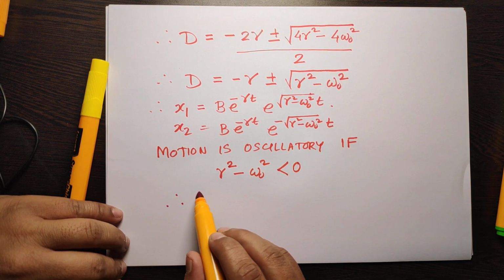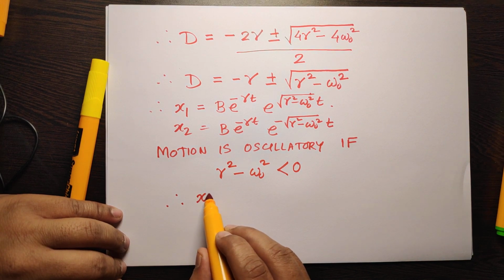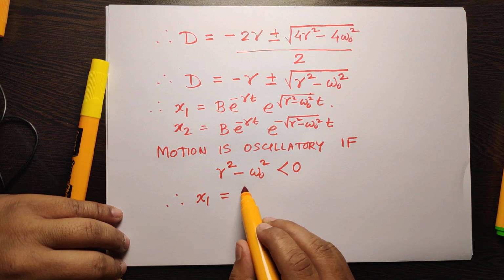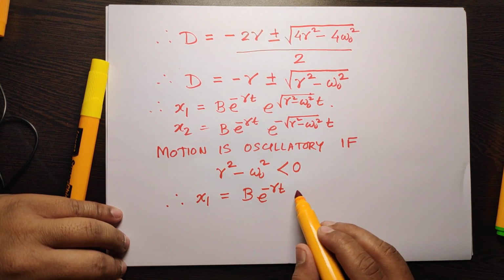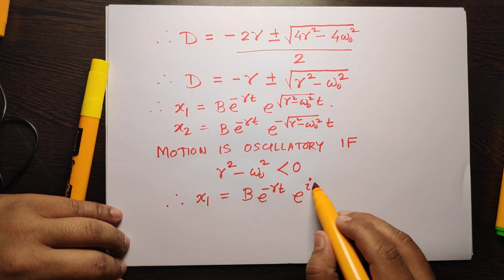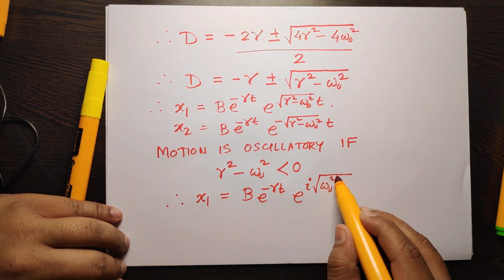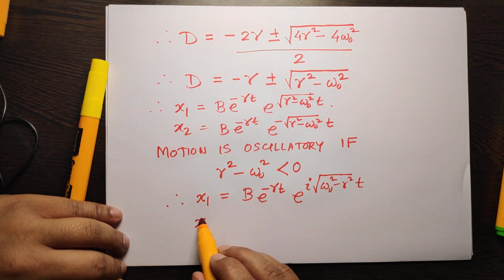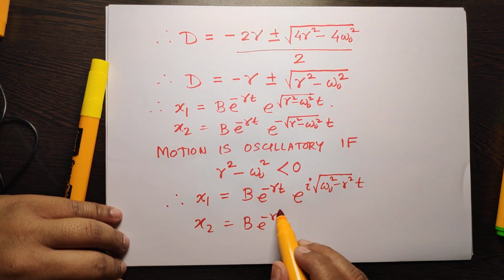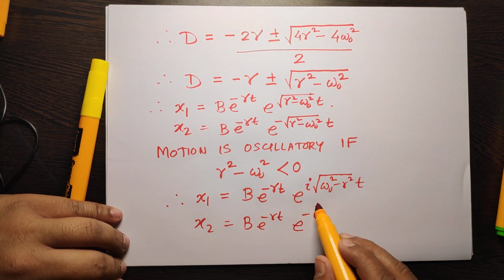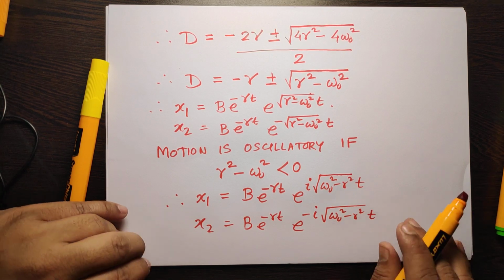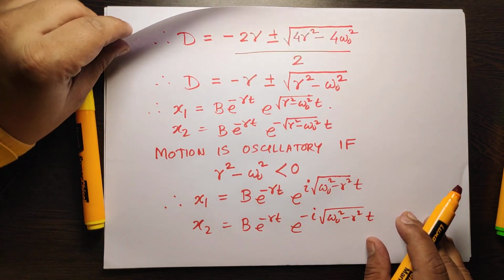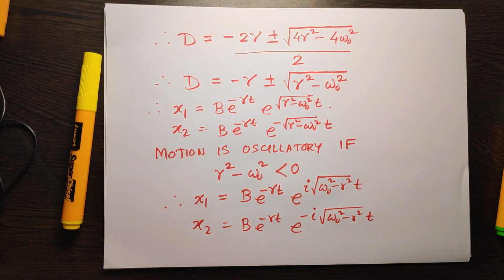Then we write x1 as b e to the power minus gamma t, e to the power i root of omega naught square minus gamma square t, and x2 as b e to the power minus gamma t, e to the power minus i root of omega naught square minus gamma square t. So motion is oscillatory if this happens.